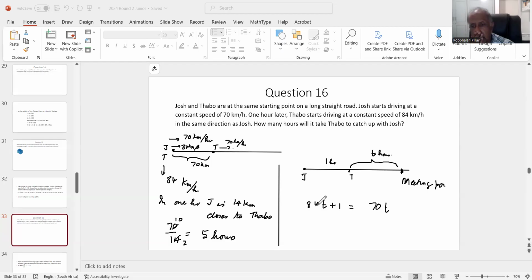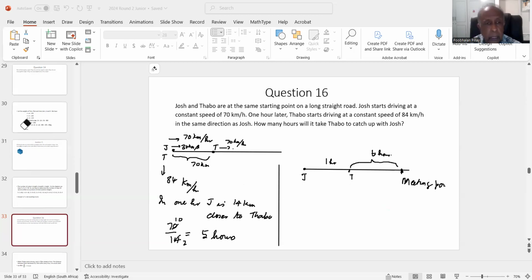No, actually, sorry. Josh travels less time. Thabo has got more time because he had a 1 hour lead. Right, so Thabo had more time to travel.